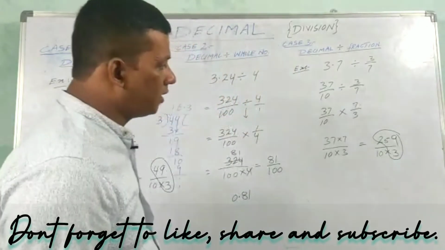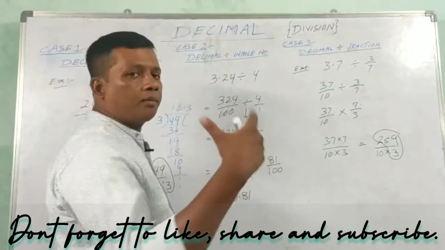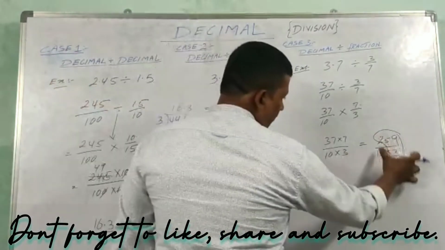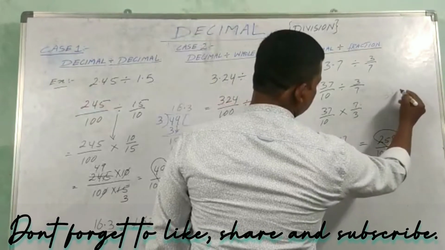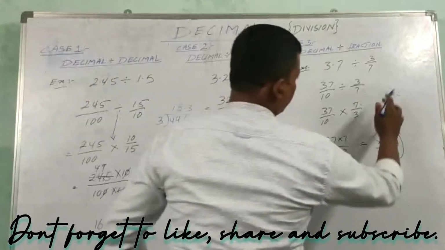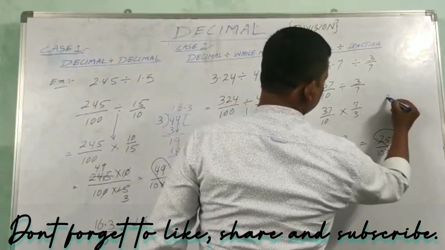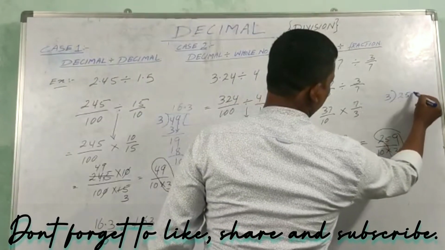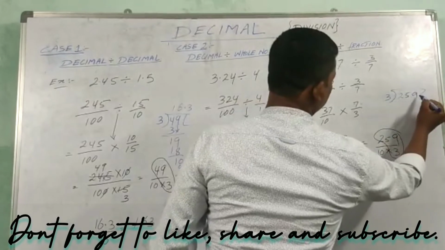Now the next, third one, I am writing the complete answer in decimal point. First divide this. 259 divided by 3.